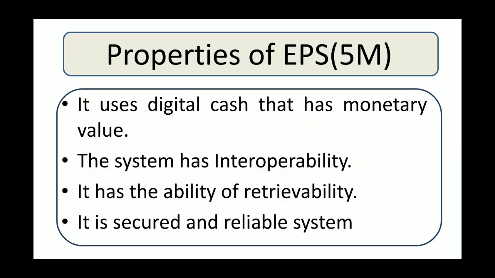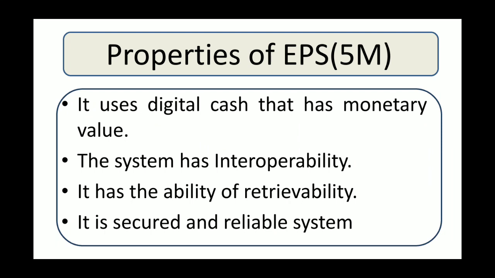Next is, what are the properties of electronic payment system? Sometimes they will ask this question for 5 marks in the exam. Several properties are there. One, it uses digital cash that has monetary value. Yes, digital cash you are using.